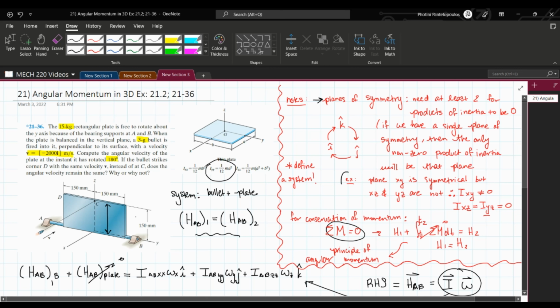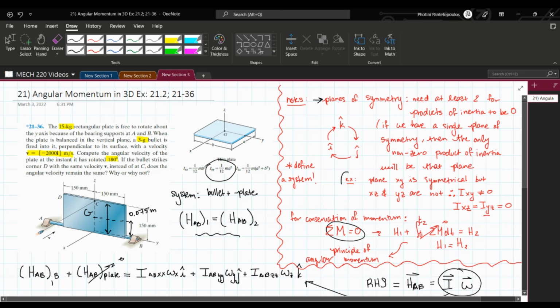for that. And as for the distance between G, which is here, and the height G here, this is 0.075, which is half of 0.15 meters.